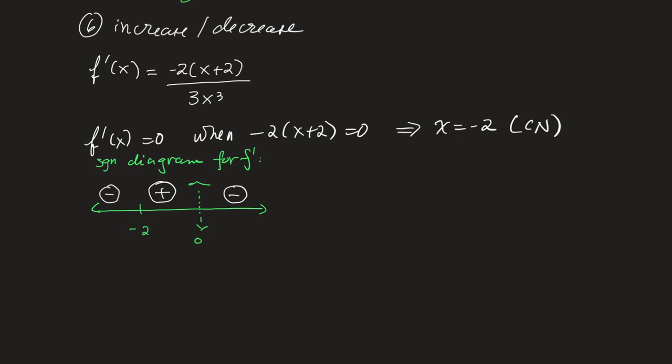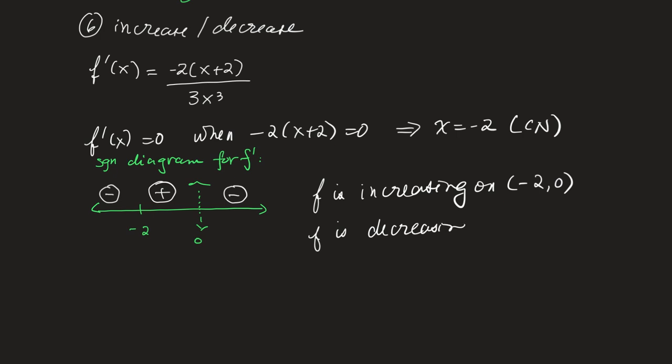So that tells me that f is increasing on the interval minus 2 to 0, and f is decreasing on minus infinity to minus 2 union 0 to infinity.